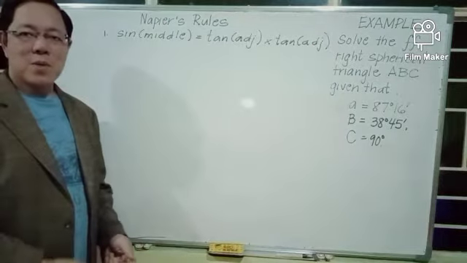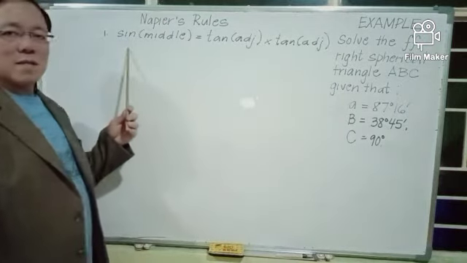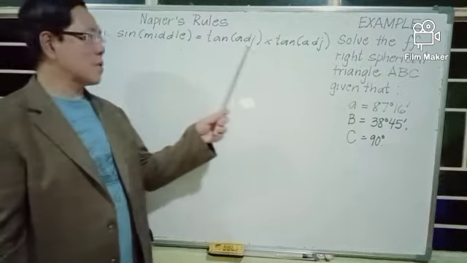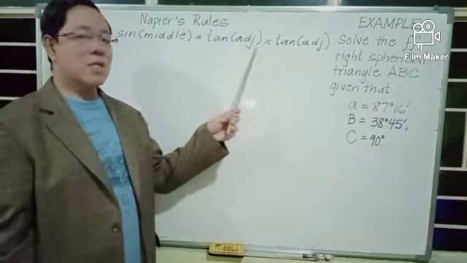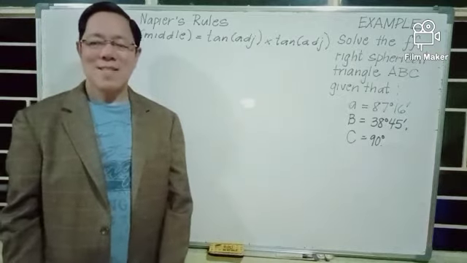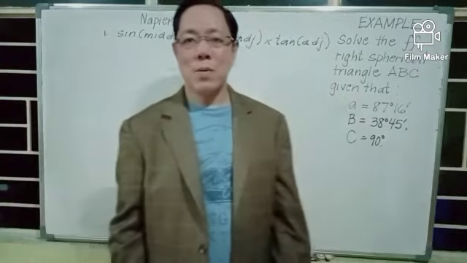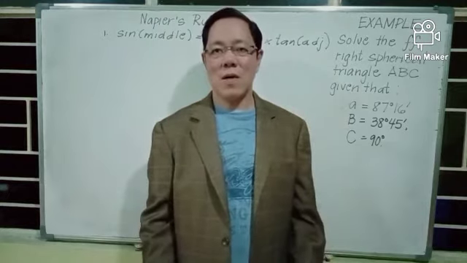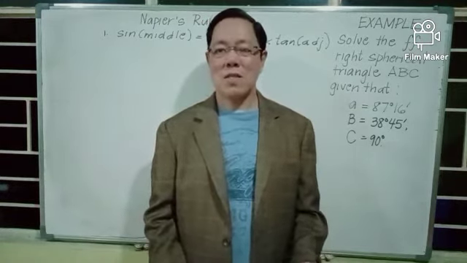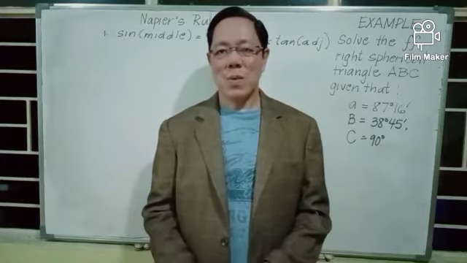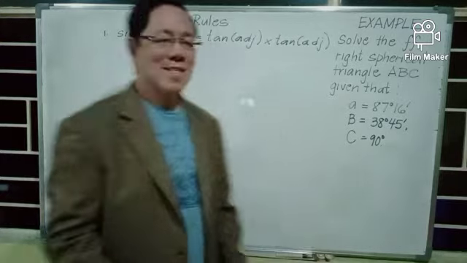Again, the first Napier rule states that the sine of the middle part is equal to the product of the tangents of the adjacent parts. And the second Napier's rule states that the sine of a middle part is equal to the product of the cosines of the opposite parts. We write that in symbols.